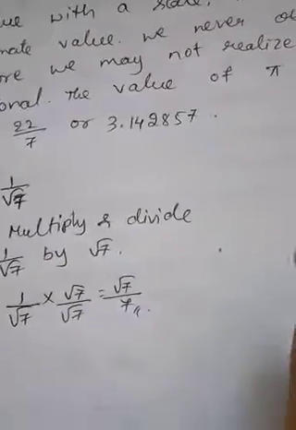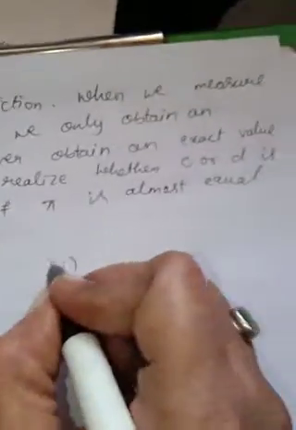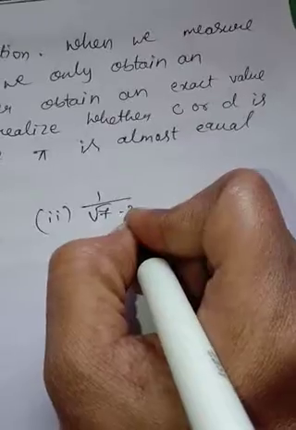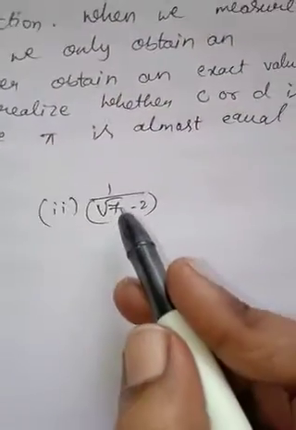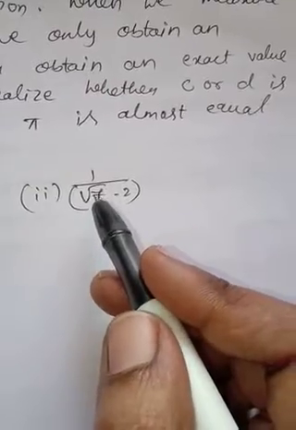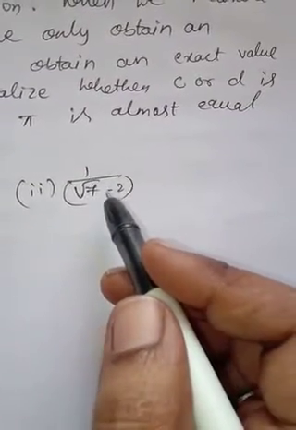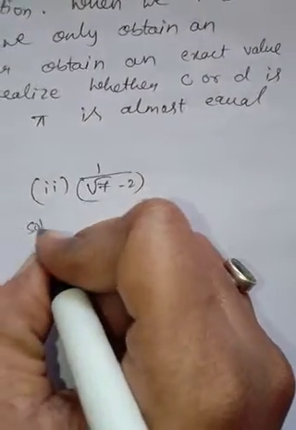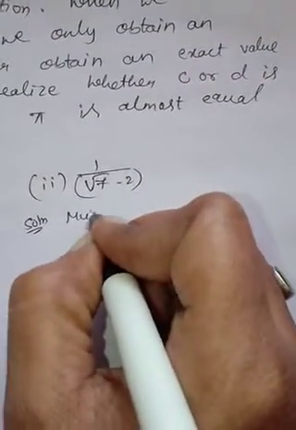Okay, this one is the answer. Then the second one, 1 by root 7 minus 2. Here I have a minus sign, no? Then I have to multiply and divide 1 by root 7 minus 2 by root 7 plus 2. I have to change the sign.